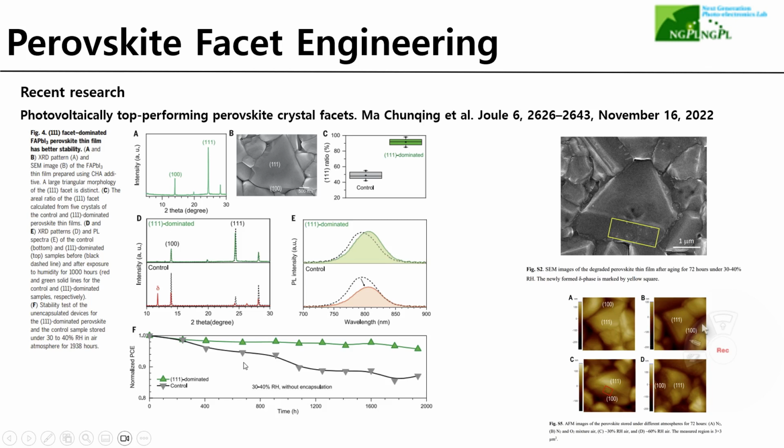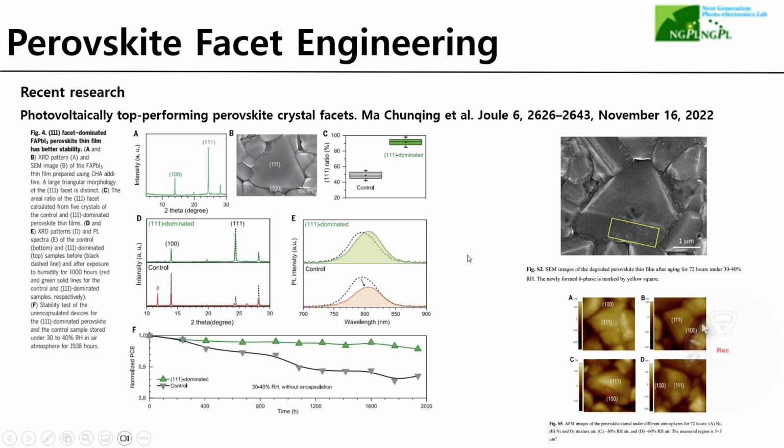However, under 30 to 40% humidity without encapsulation, the control sample, which is the 1:1 ratio mixed perovskite solar cell, is very vulnerable during the 2000 hours, and the device performance also decreased.